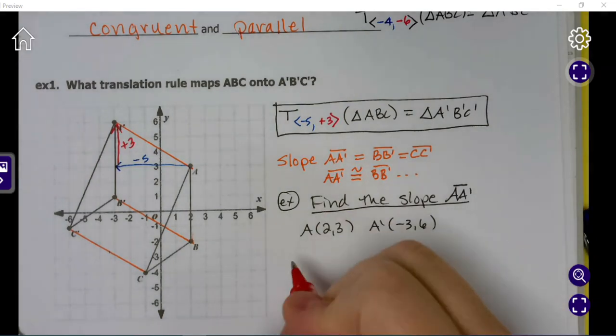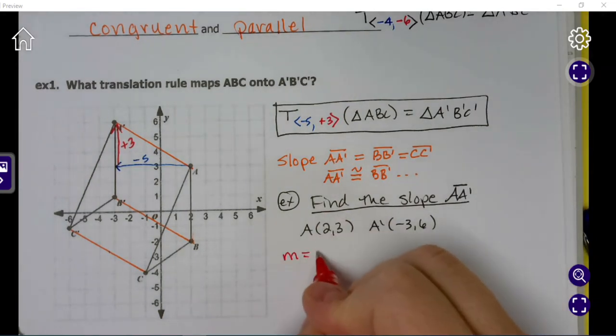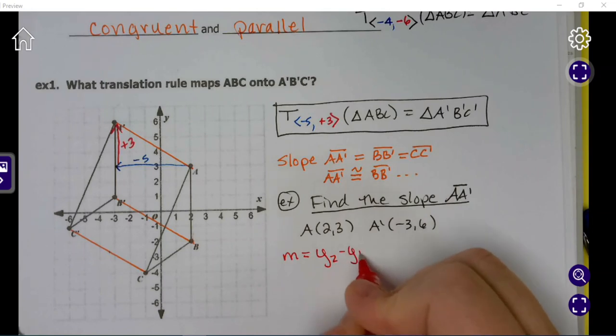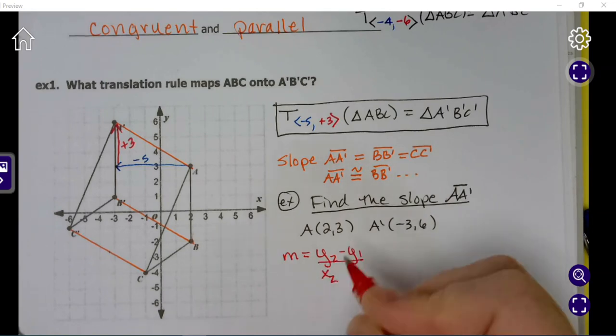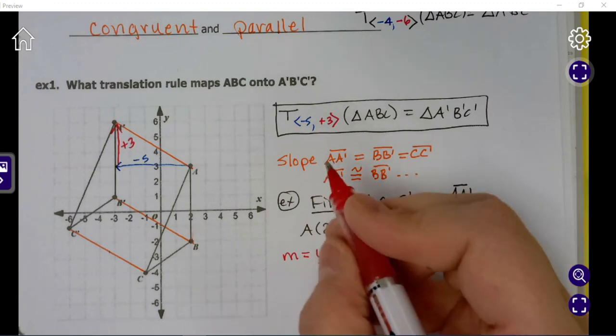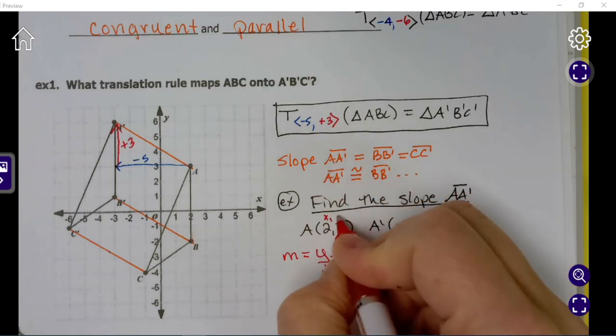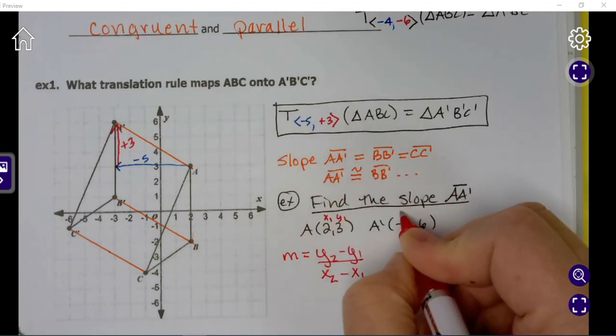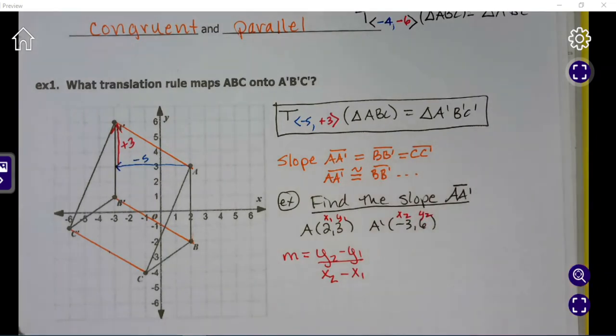Remember from yesterday, your slope formula, y sub 2 minus y sub 1 over x sub 2 minus x sub 1. It doesn't matter which one you designate, point 1 and point 2. I just go in order. So I make just the first one x1, y1, and the second one x2, y2. I don't use much strategy. I just label them and throw them into the formula carefully.